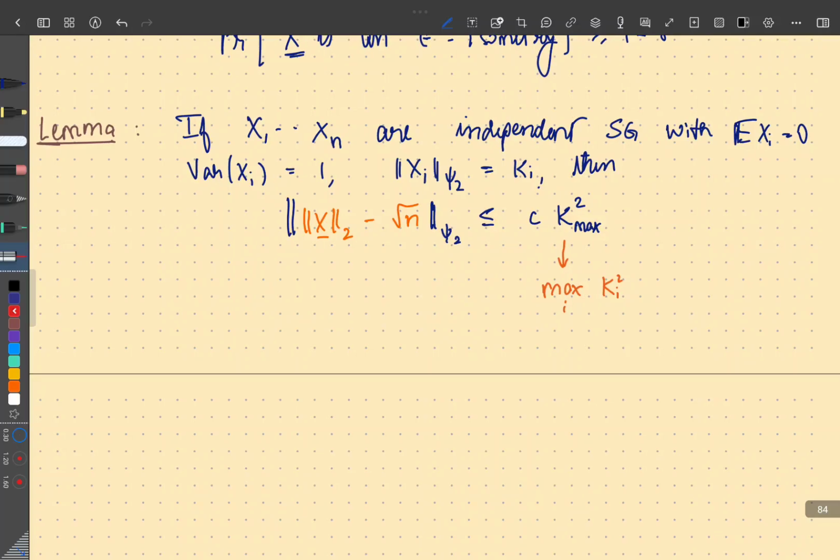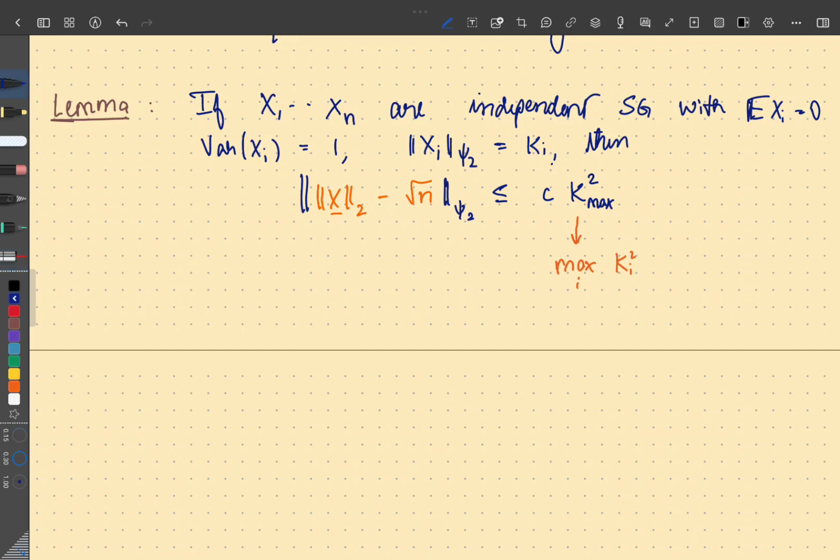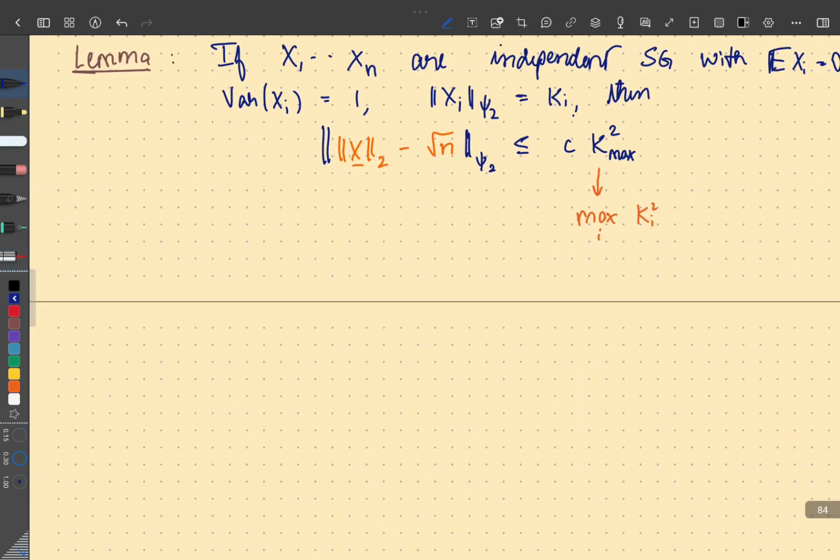Using this lemma, since the norm of X is sub-Gaussian, this implies that we can use Hoeffding's inequality to prove a tail bound on how well the norm of X is concentrated around square root of n.